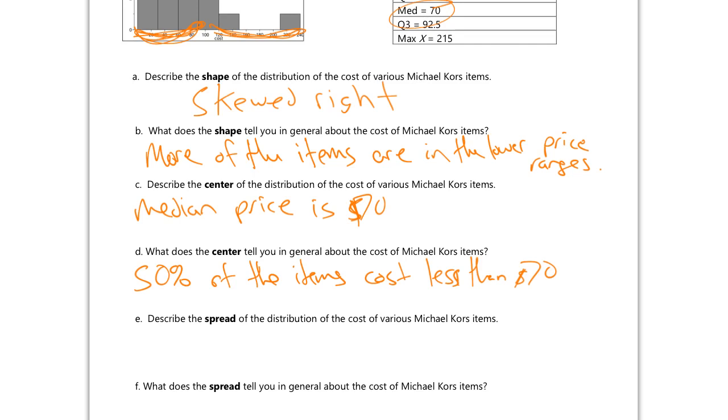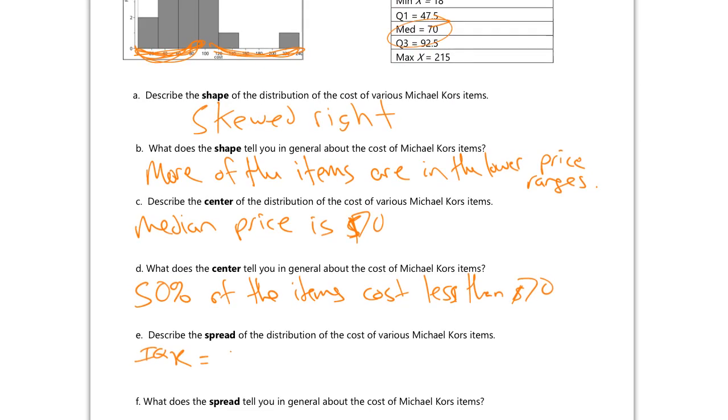The spread. So when we talk about the spread, if it's skewed, we use median for center, we use IQR for spread. So we're going to say IQR equals Q3 minus Q1. So we would say 92.5 minus 47.5, which is $45.